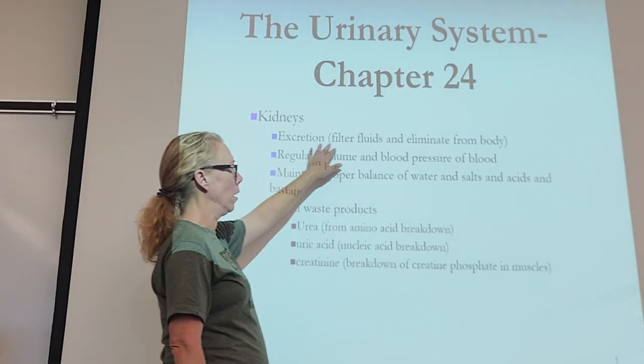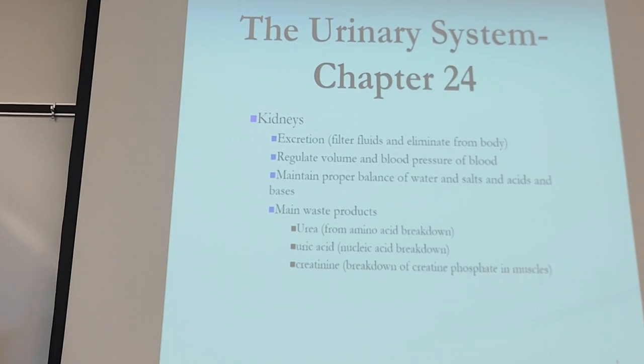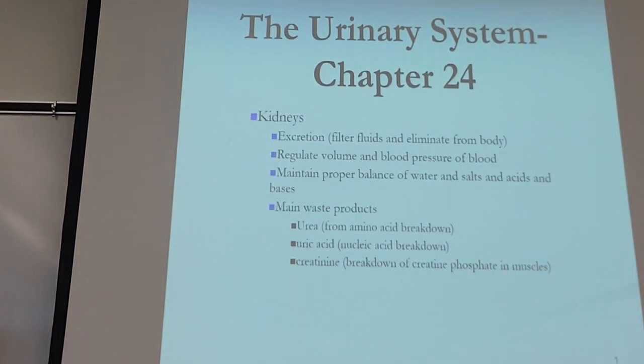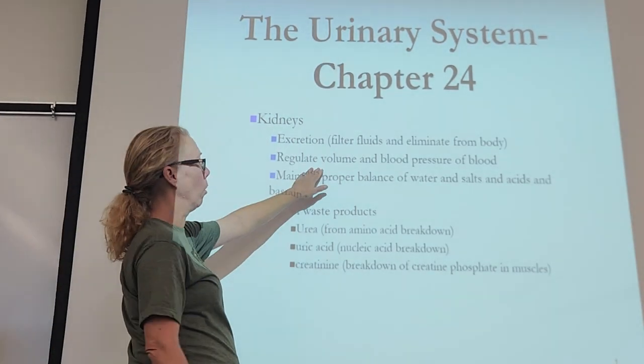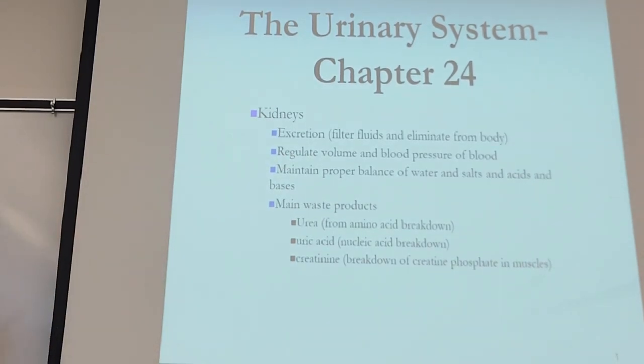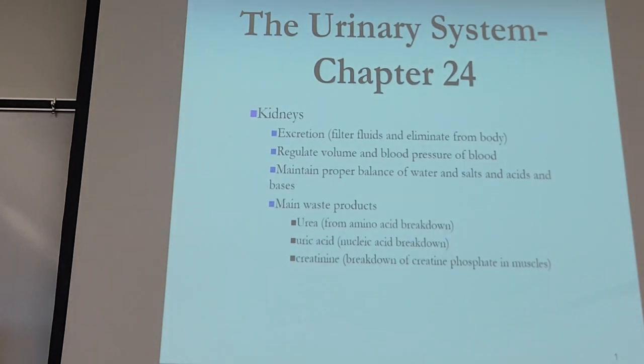Multiple times, the kidneys are responsible for excreting things, so getting rid of fluid, ions, and items that we don't necessarily need from our bloodstream. So it's responsible for eliminating, but even more importantly, it is responsible for monitoring and regulating our blood pressure. And it does that by monitoring our blood volume.